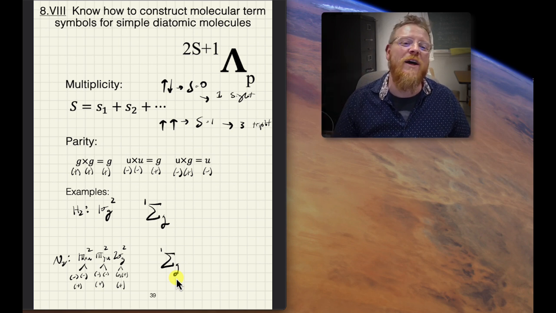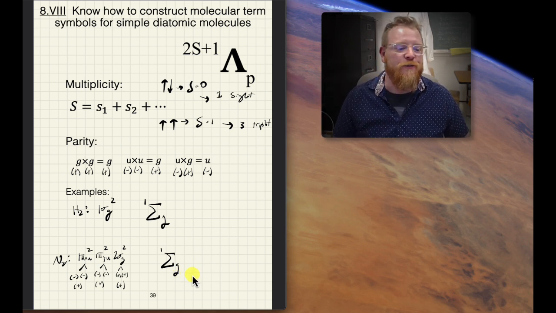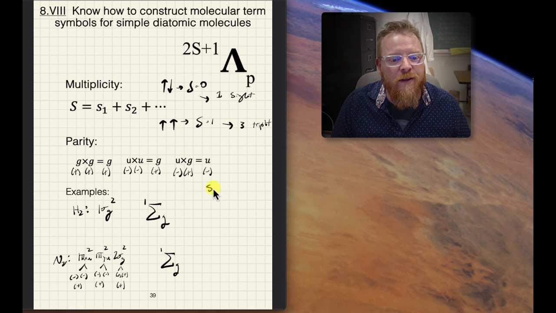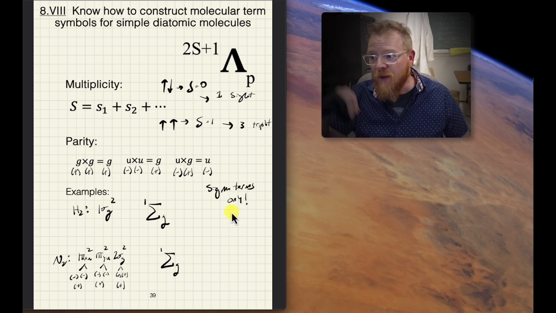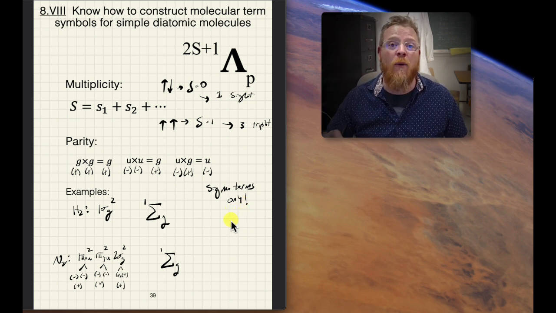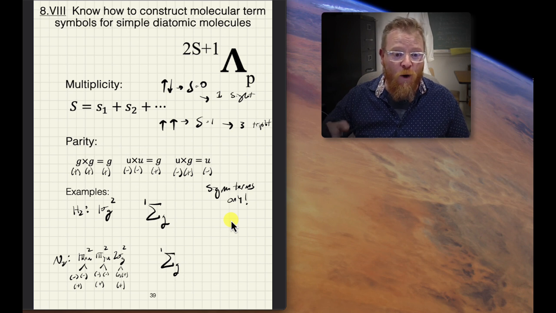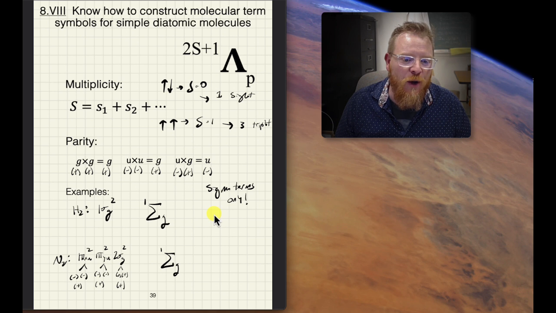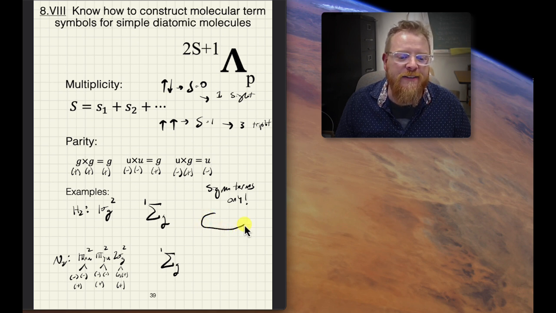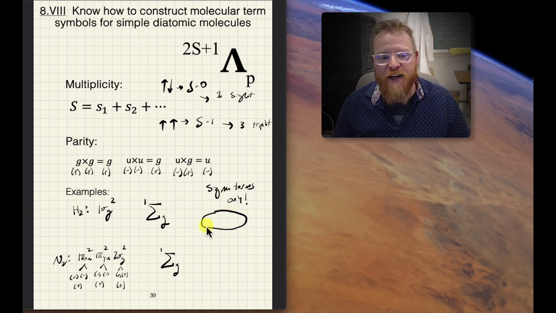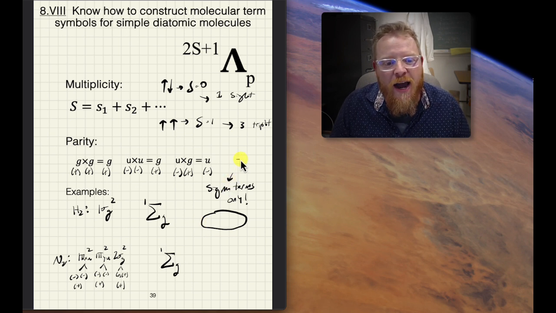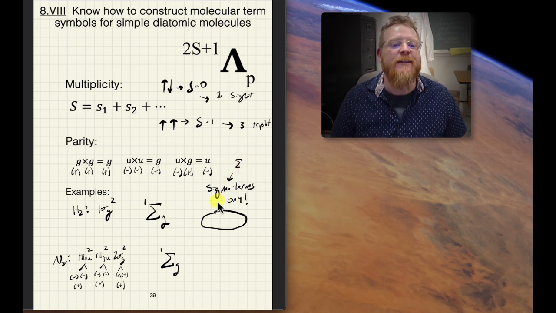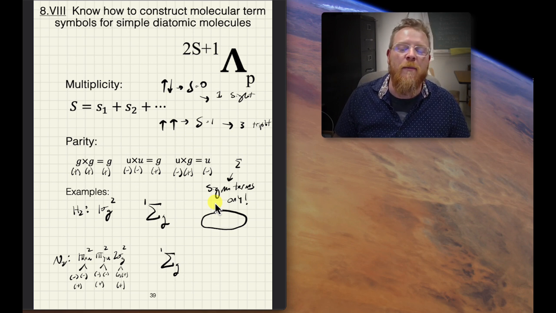Now finally, there's one last special term that we need for sigma terms only. And that's going to be if our orbital changes sign when we cross the internuclear zone. If we look at this sigma bond, and I want to be very clear, when we say sigma terms, I am referring to the capital sigma, not necessarily the sigma bond.